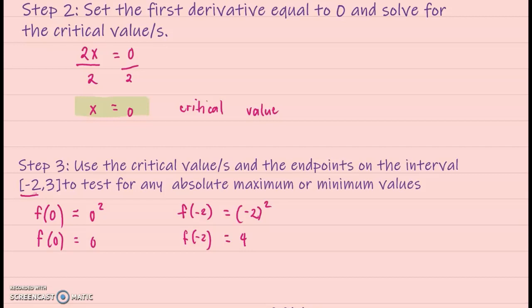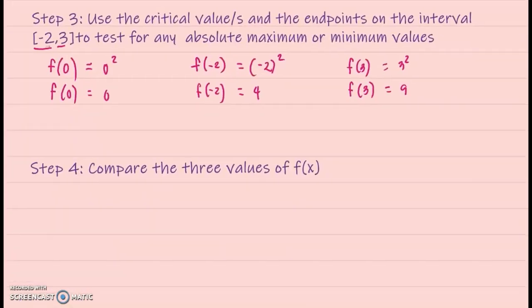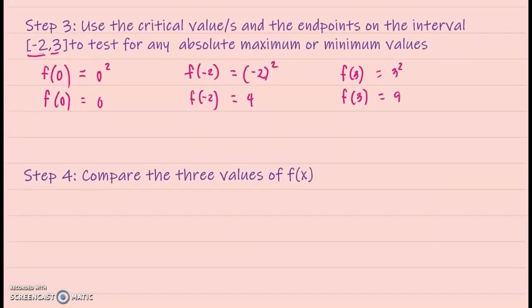And we have 3, so f of 3 is equal to 3 squared. F of 3 is equal to 9. Step 4. Compare the three values of f of x from step 3. So we have here f of 0 is equal to 0, f of -2 is equal to 4, and f of 3 is equal to 9.